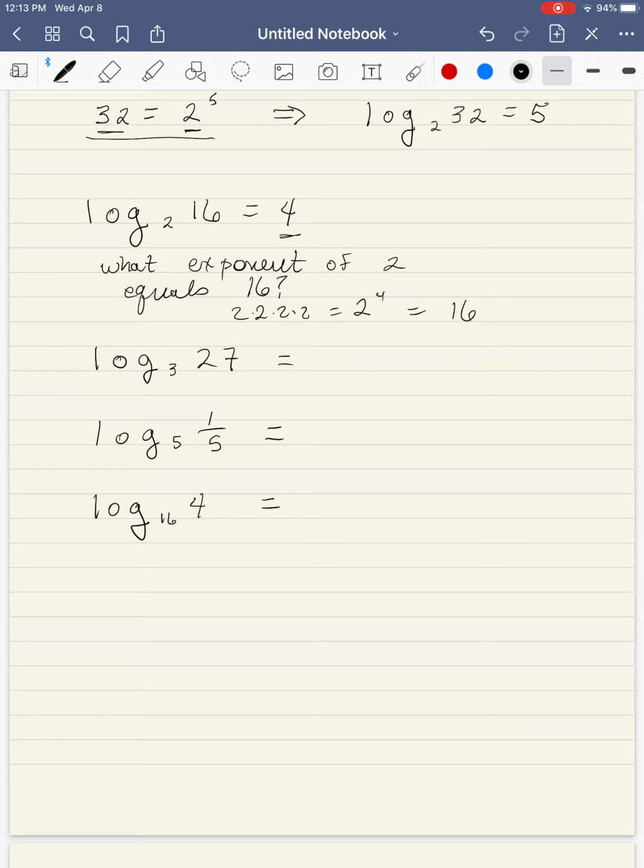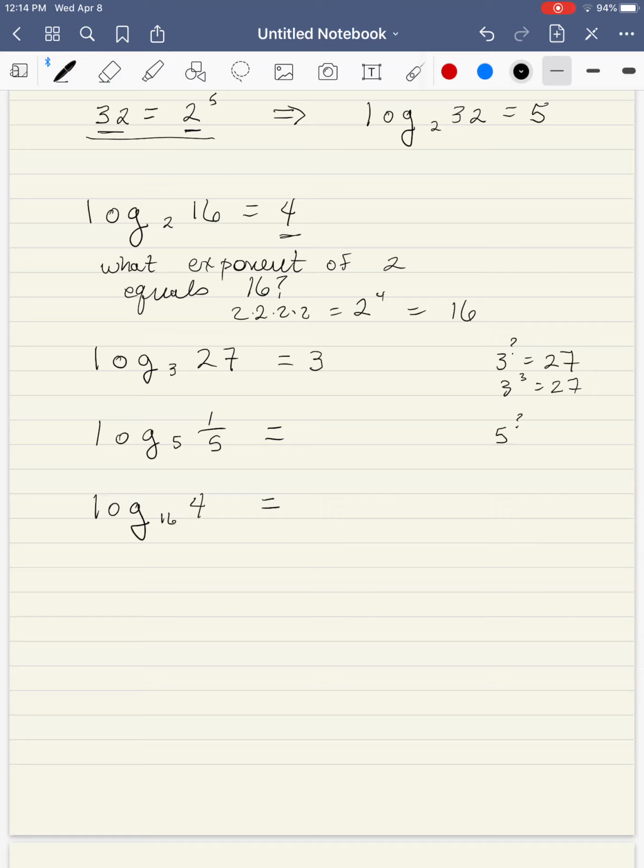So go ahead and pause the video and see if you can evaluate these 3 logarithms. Okay, so on this first one, what we're thinking is 3 to what power equals 27? 3 times 3 is 9, times 3 is 27, so 3 cubed equals 27. So my answer here is 3.